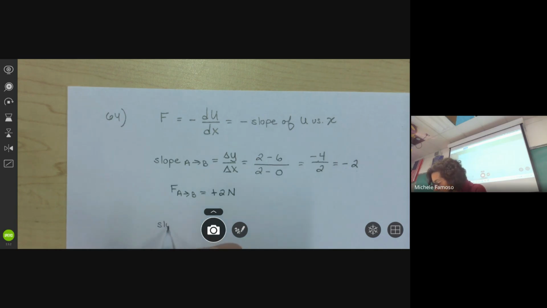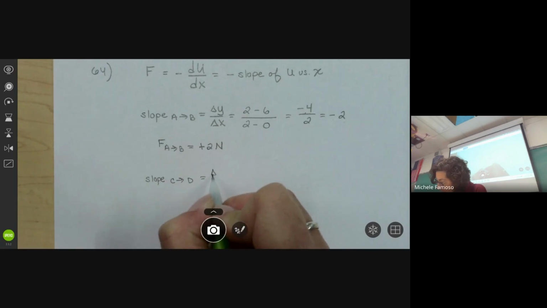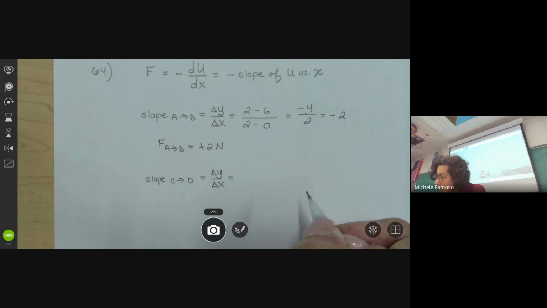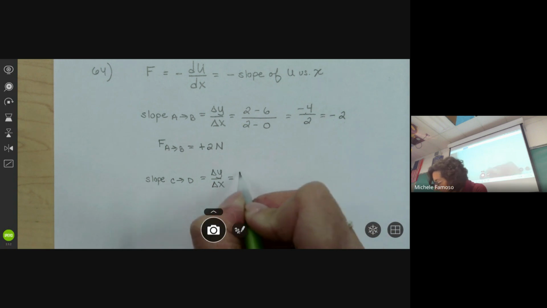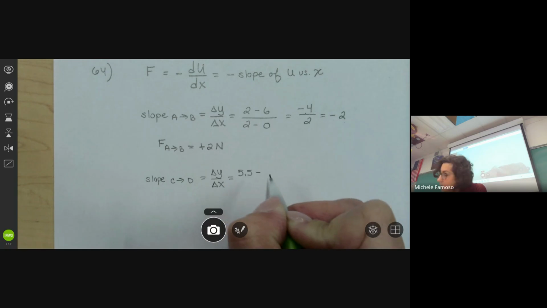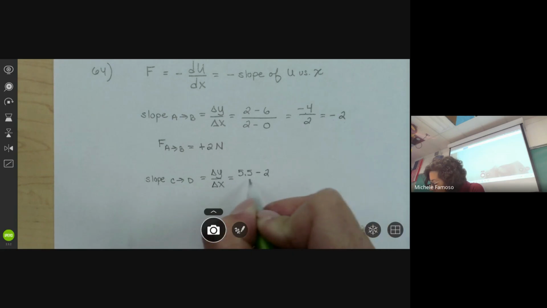Let's now figure out what the slope is from C to D. Change in Y over change in X. The Y value ends at, what did I say that was? I said it was around 5.5 joules, and it starts off at 2 joules.